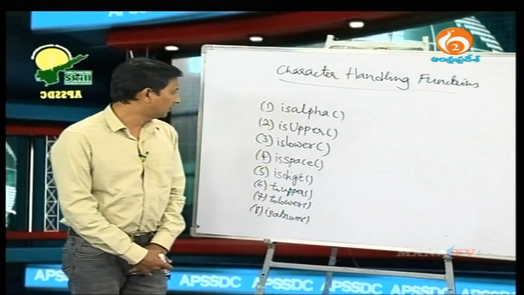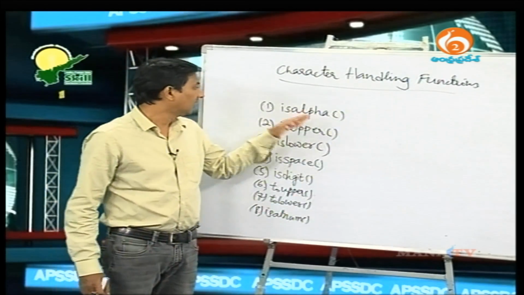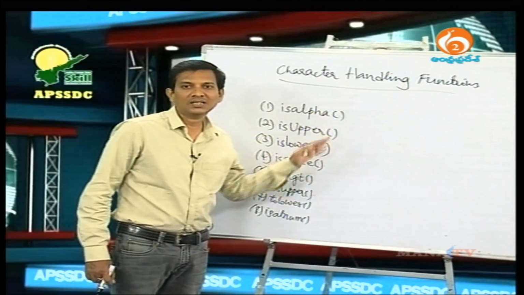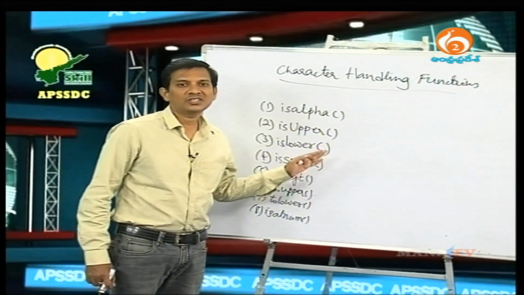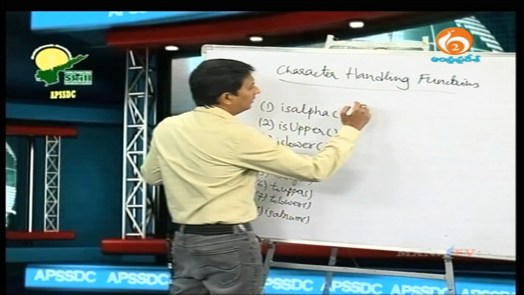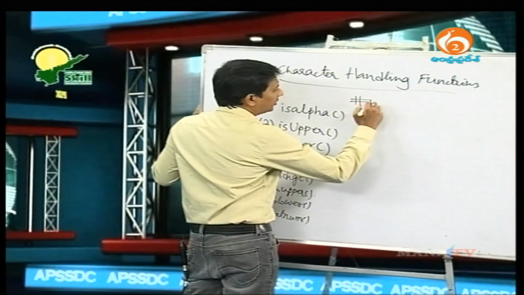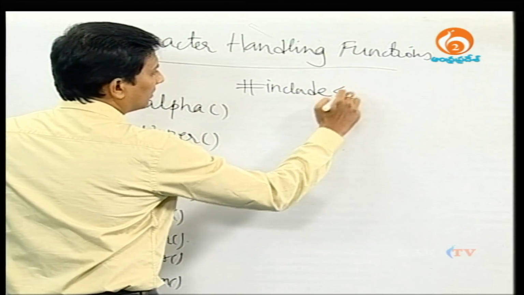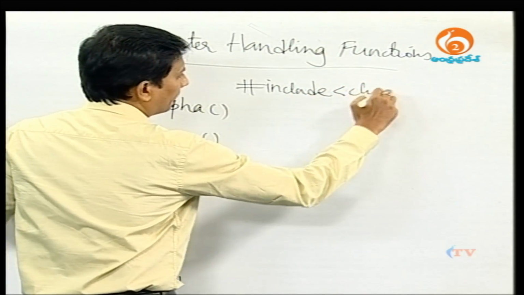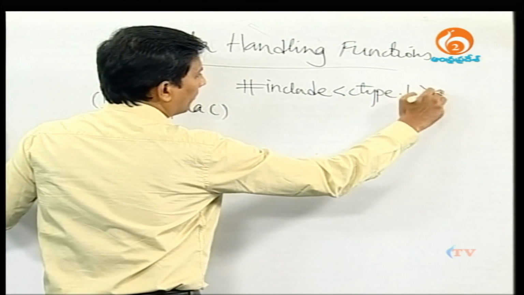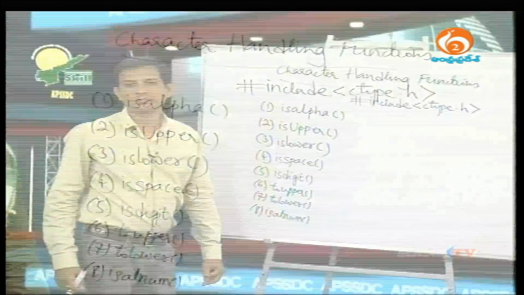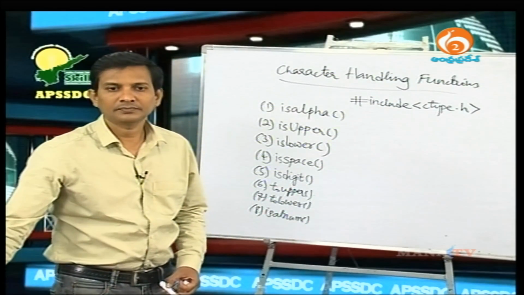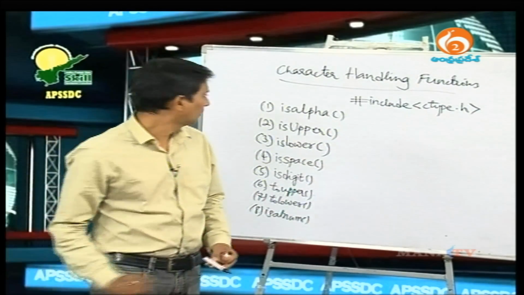These are all predefined functions, and they are defined in a header file, so we write include ctype.h.